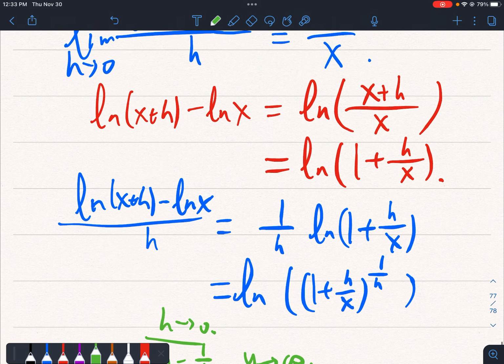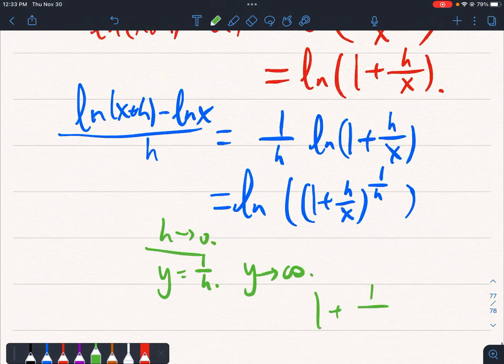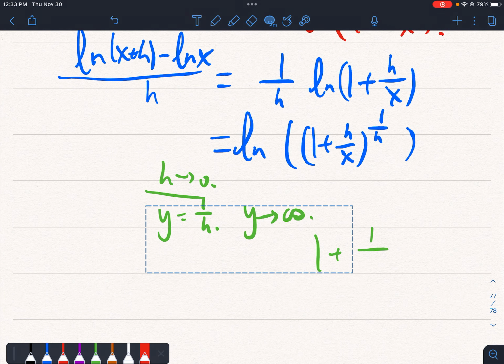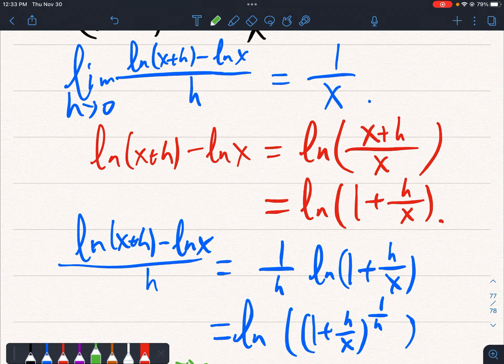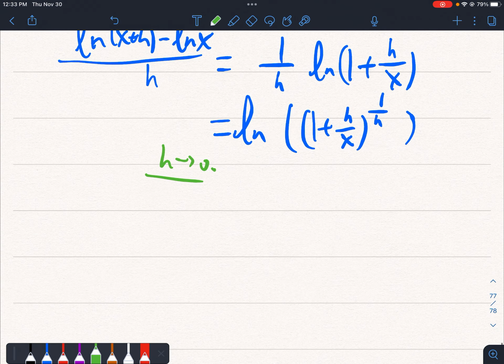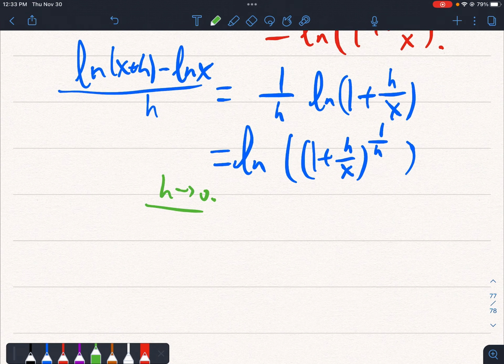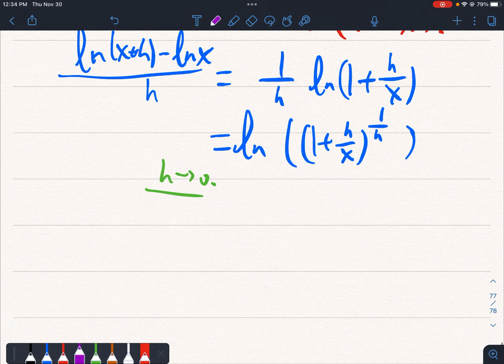Here, x is fixed, and we want to find this value as h approaches 0.